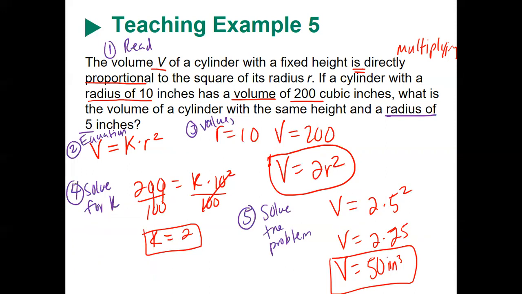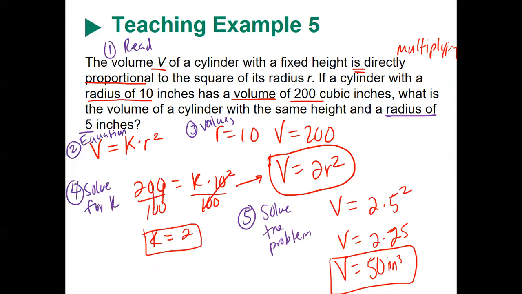So again, first thing we do is read. Second thing is create our initial equation. Third thing, identify the given values. Fourth, we solve for our K, and we were able to write our specific equation with our K. And then fifth, we were able to solve the problem.